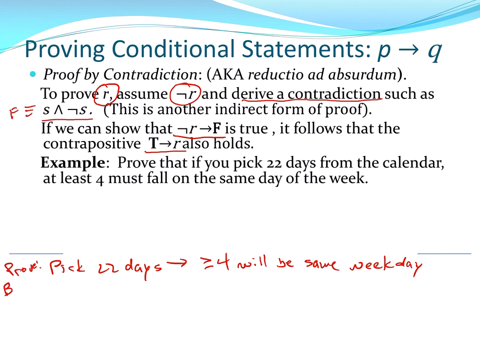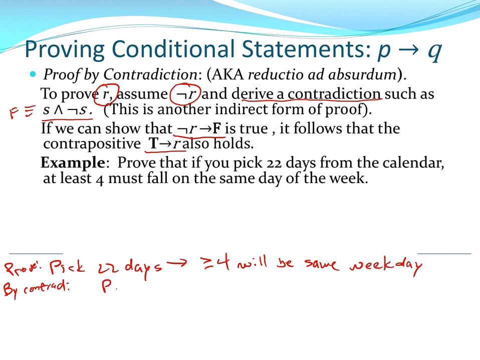So by contradiction, assume the negation. If we take the negation of an implication, remember that's going to be the hypothesis and the negation of the consequence.